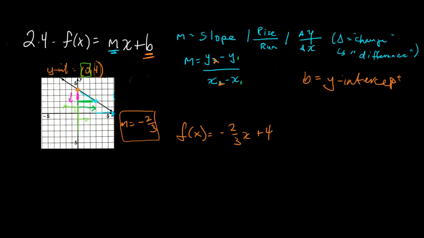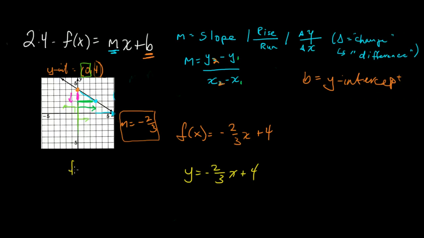Another way I could write it would be y is equal to negative 2/3 of x plus 4. And then every point on that line would make this a true statement. Whether I used 0, 4, whether I used 3, 2, or 6, 0, each of those would make a true statement.